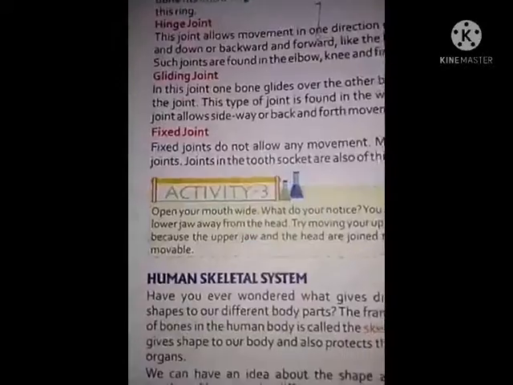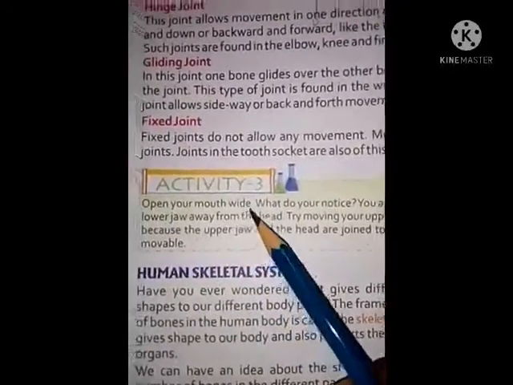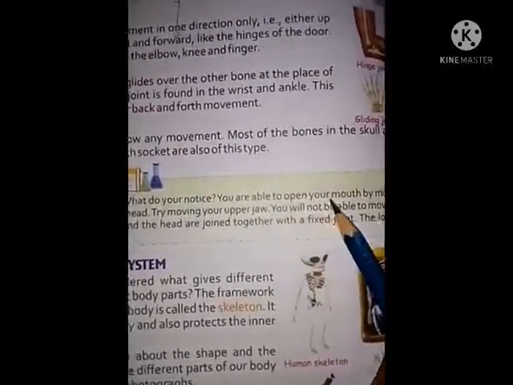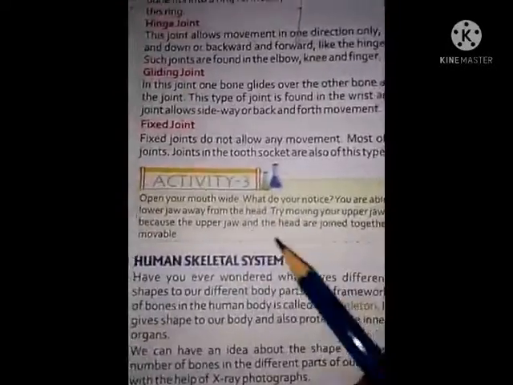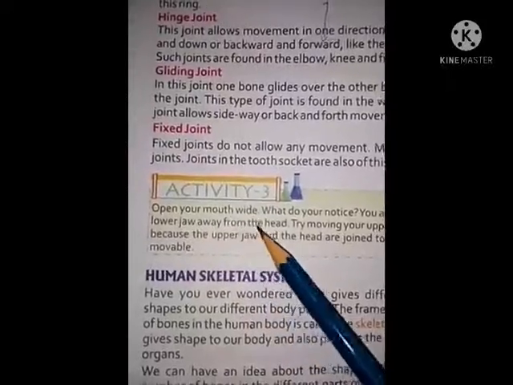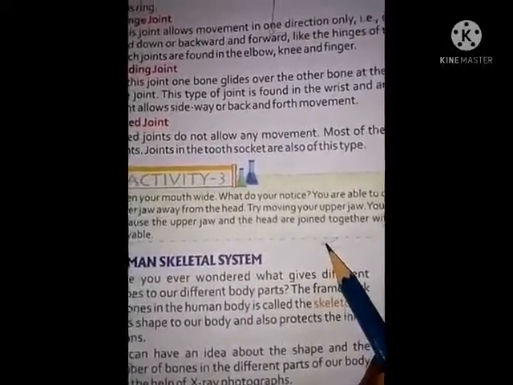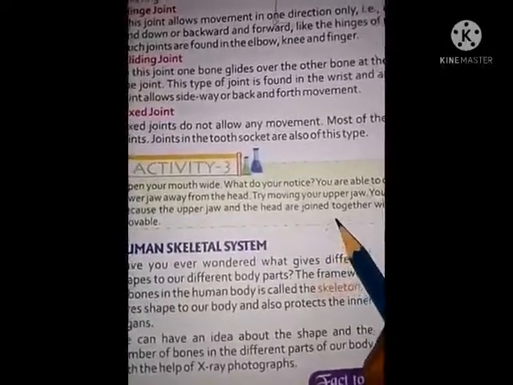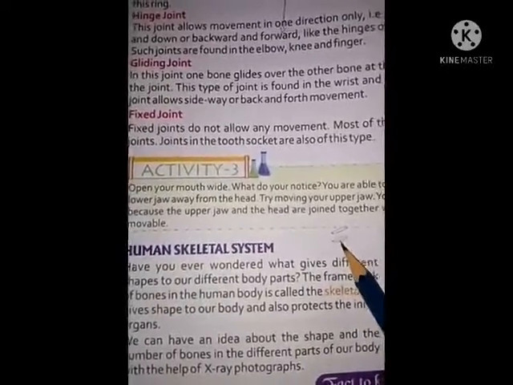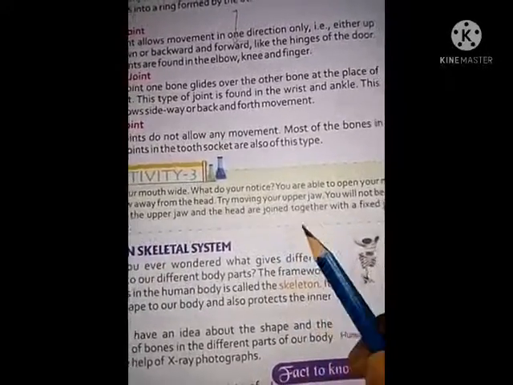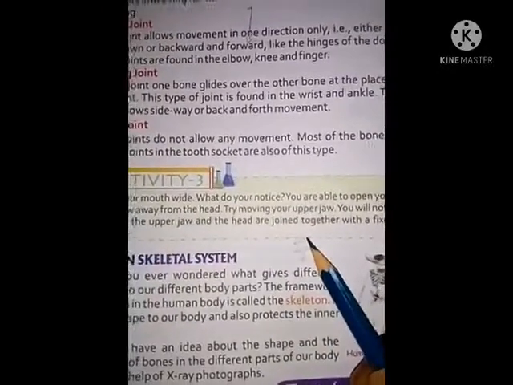Understand? See activity 2. Open your mouth wide. What do you notice? You are able to open your mouth by moving your lower jaw away from the head. So in the mouth, upper jaw and lower jaw are present. When you open your mouth widely, then only the lower jaw moves. Try moving your upper jaw.